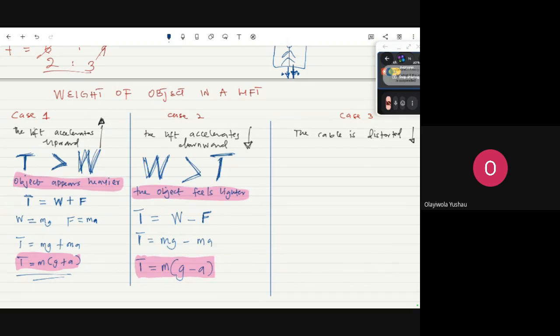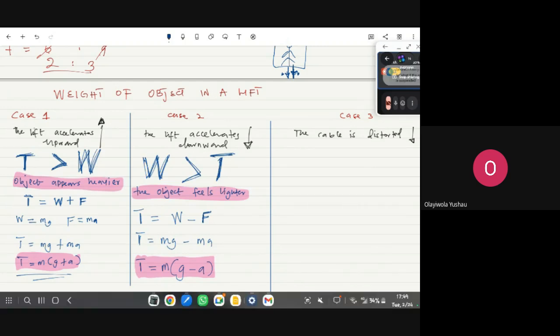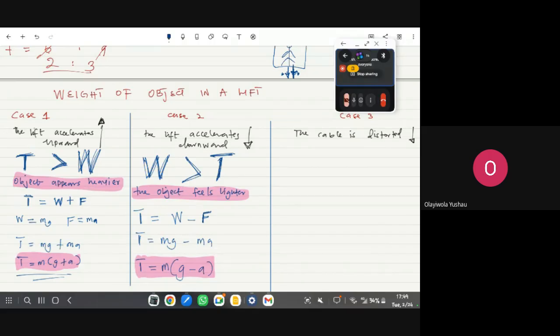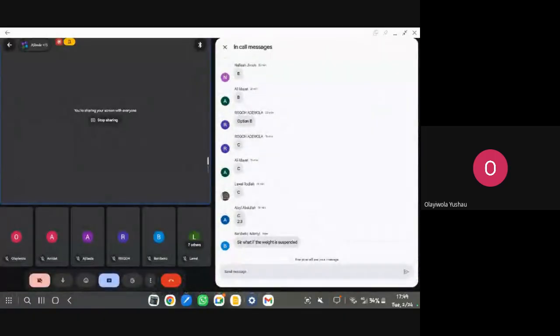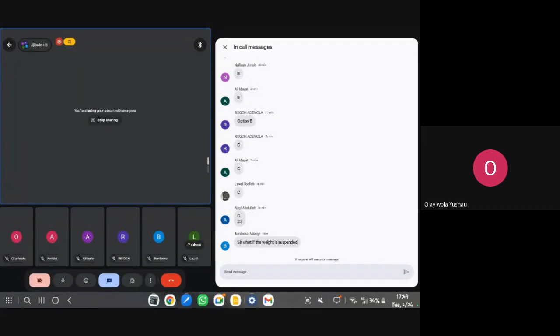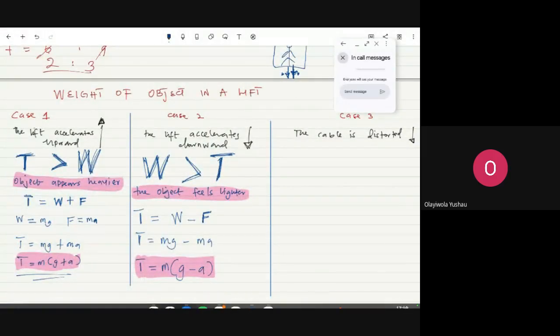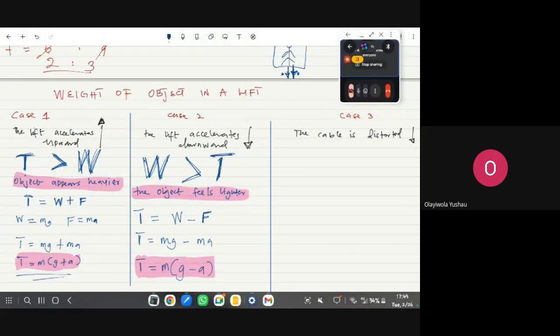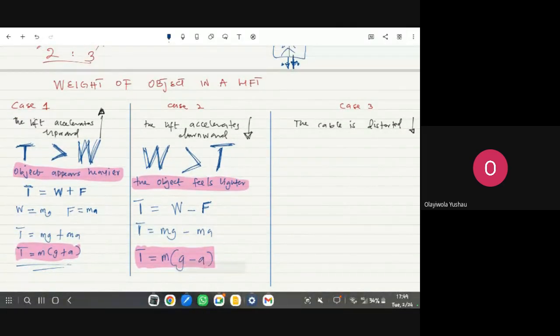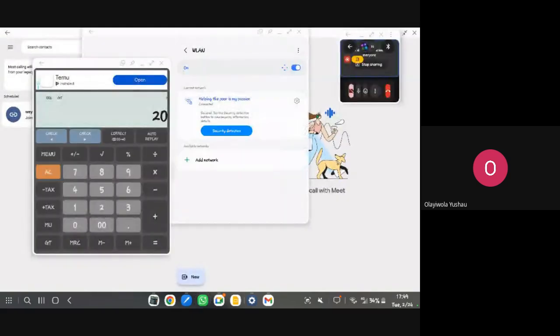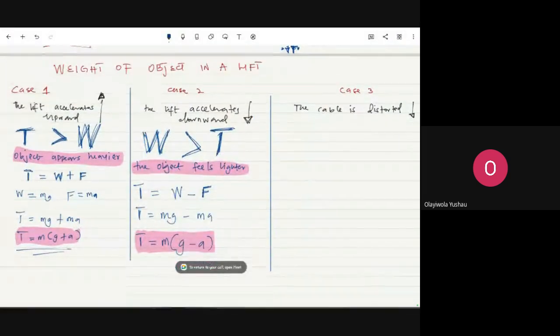Short questions. Sir, what if the weight is suspended? In all the cases I explained, the weight is suspended. It is only in case 3 that it is not suspended. What do you mean by suspended, if I can understand you? Do you mean that inside the lift, there's an object inside the lift, or what do you mean?